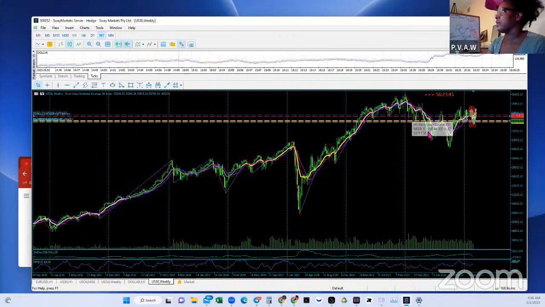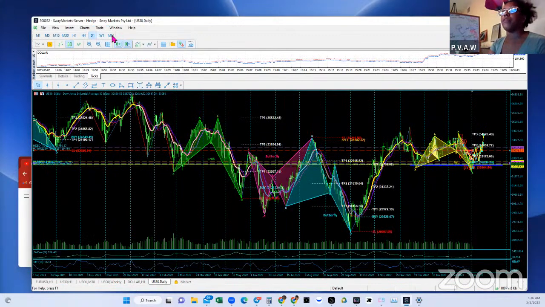This is the large cup that we ended up getting. The market went up, retested. Now let's see if we end up dropping, because this is the drop from here. So this is an inverse cup. This is the handle. And then we got another smaller one.